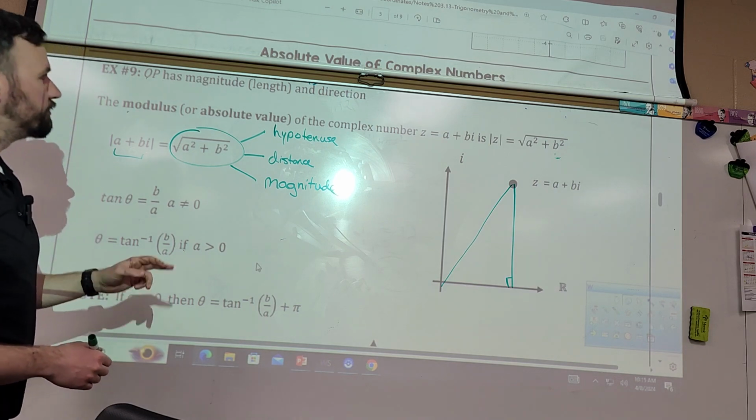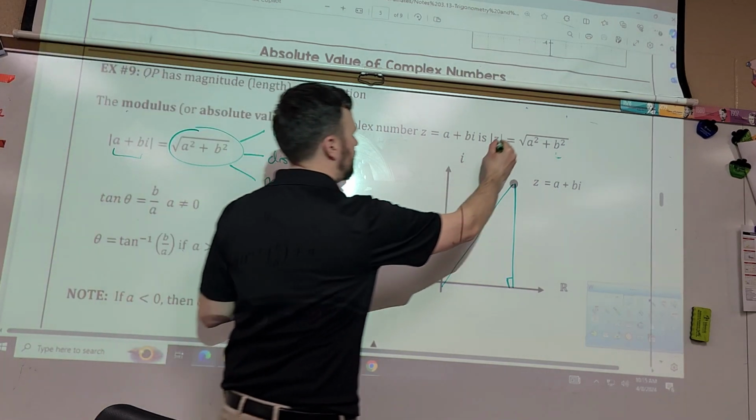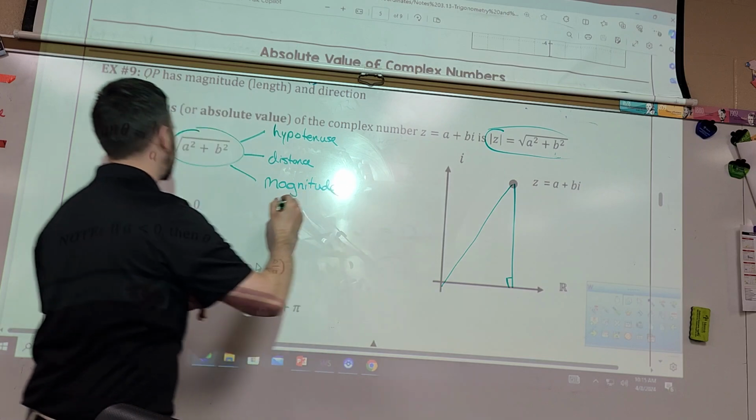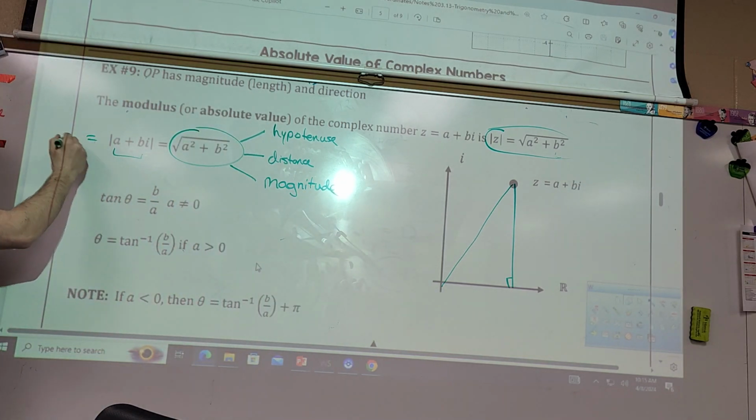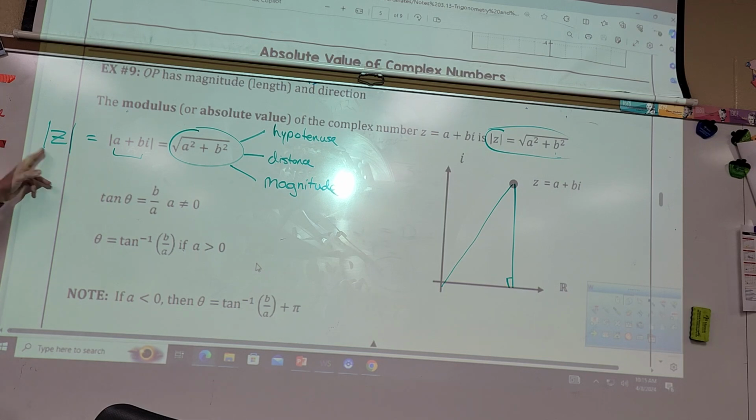Now what I'm going to do is, what did we also call up here? Absolute value is Z, right? If you do a lot of math, they start calling it Z. So absolute value is Z. This is also your magnitude. It's your hypotenuse.